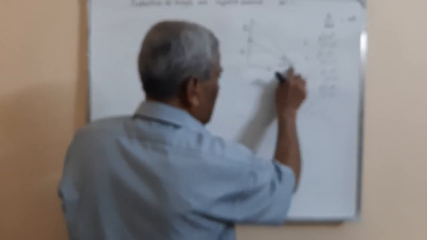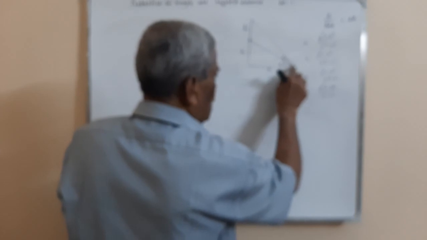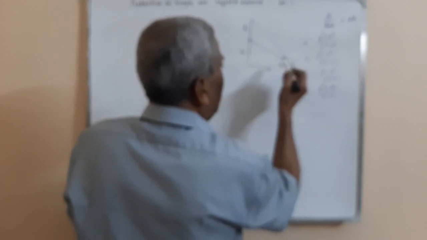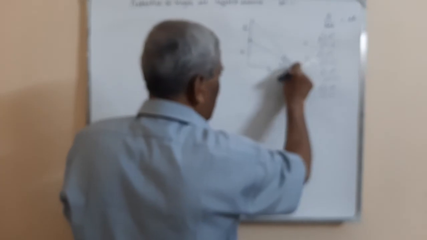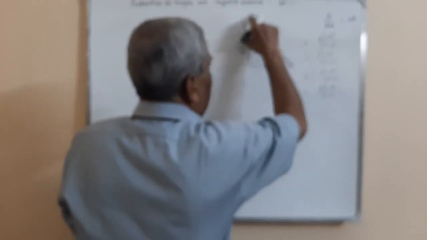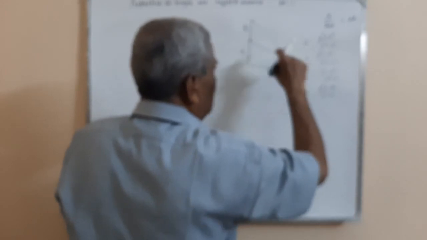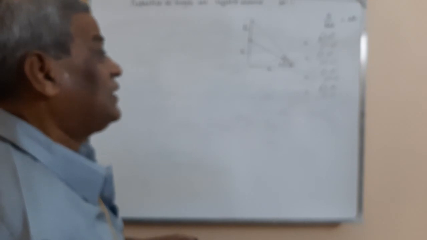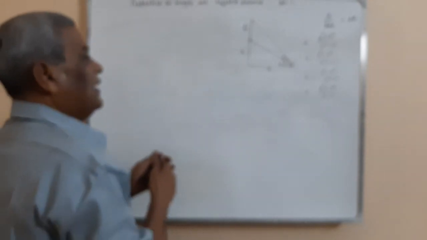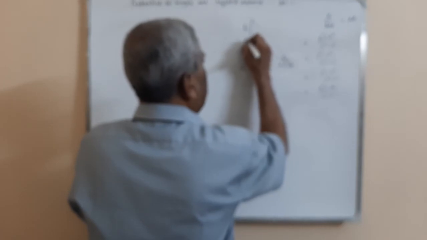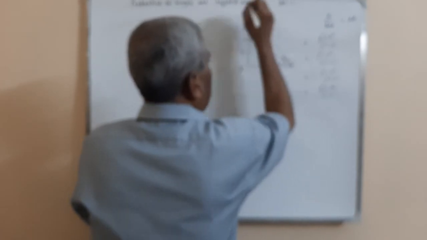At a distance a from the foot, one point is located where the angle between the tower and the angle with the height of the flag are the same. Achha, suppose this is O, this point is A, this point is capital B.